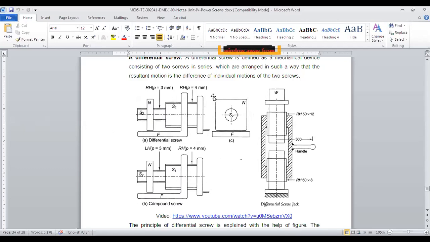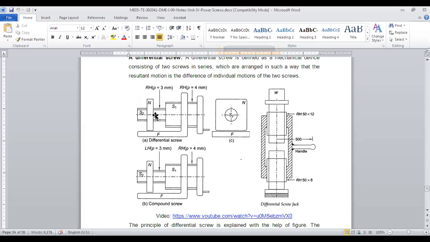Okay. Now we are rotating screw one by the use of a handle. If we rotate it by one rotation, S1 will go to the left by 4 mm, right? Because the pitch of S1 is 4 mm, so one rotation means movement by one pitch, that is 4 mm.